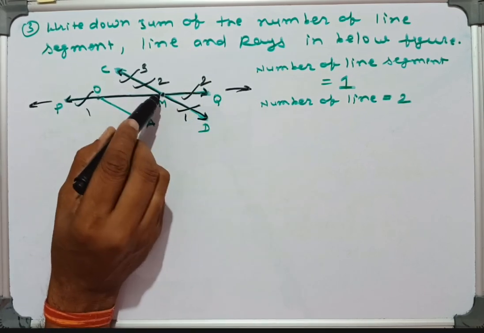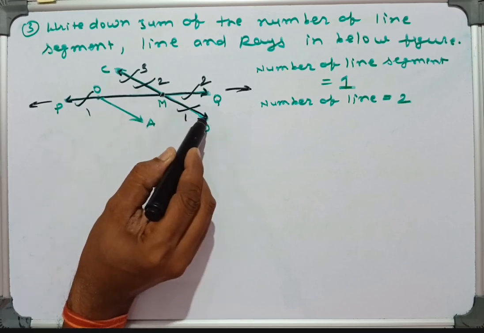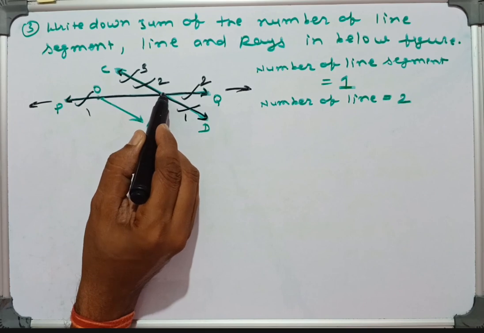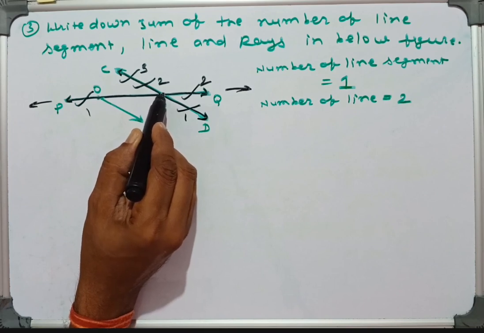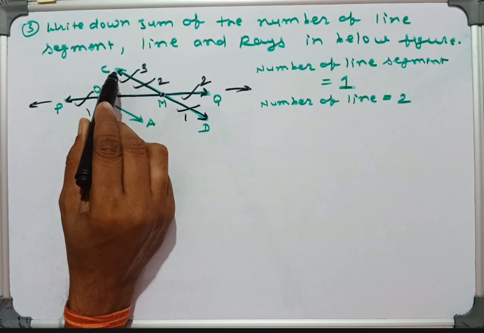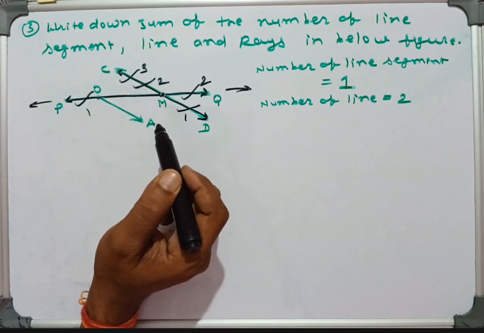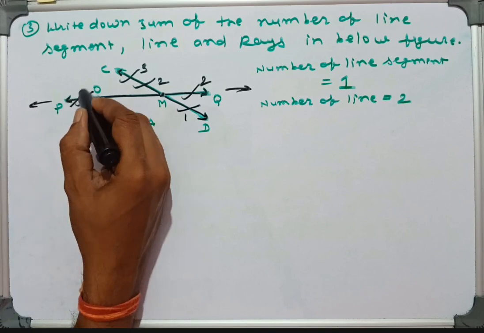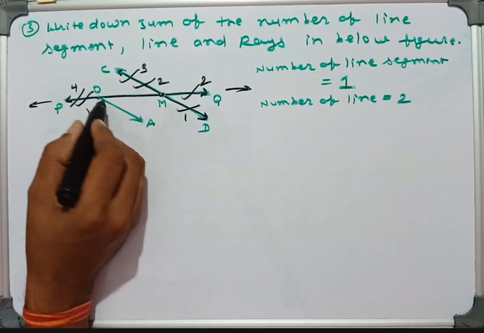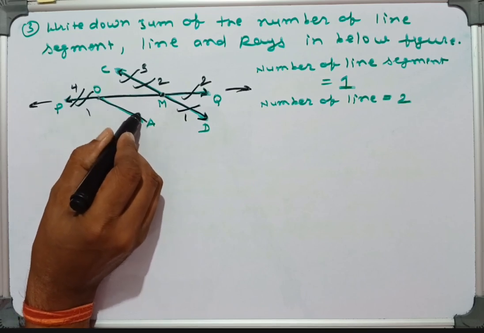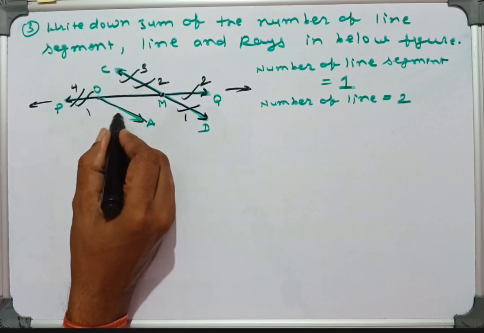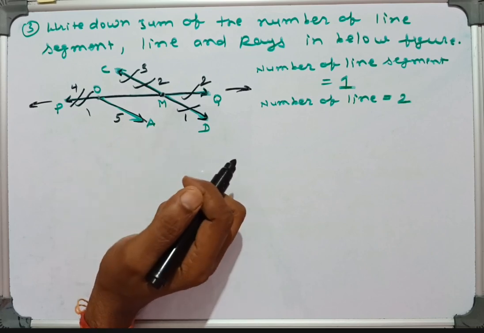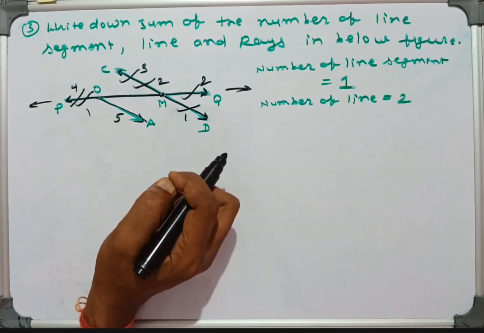Or you can say MD is a ray, MQ is also a ray, and MC is also a ray here. Now the fourth one, OP is also a ray. This one is the fourth one. Now OA is also a ray. This is the fifth one.